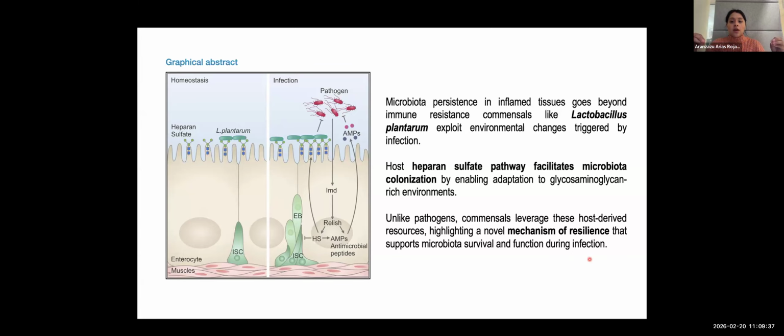That means this is really tied to host fitness as well. Lactobacillus will colonize all the niches available within the gut during the inflammation to avoid colonization by a secondary colonizer, in this case pathogens.